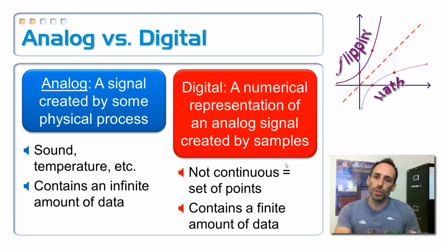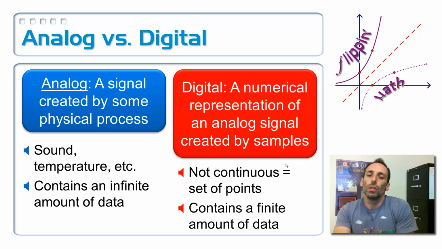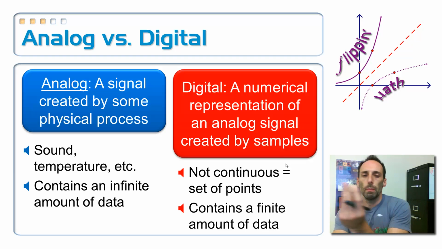Over on the digital side, what you're more used to, this is a numerical representation of the original analog signal. Okay, and you take it by samples. Look at it like this. When I go to see a movie, it's not real action. If I'm looking at things with my eyes, there's a lot of information, a lot of stuff that's going on if people are walking by or whatever.